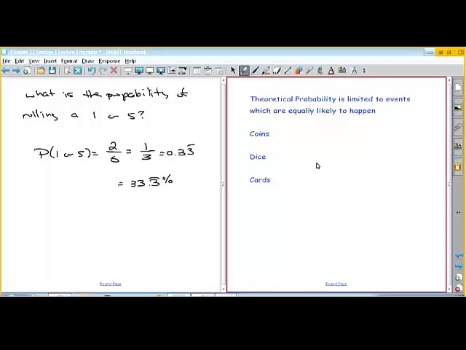Now there's another kind of probability that we'll talk about, which is empirical probability, and that's through experiments. It's like getting a disease, say liver cancer. What's the probability of someone who's not a smoker getting liver cancer? There's no theoretical way of determining that.